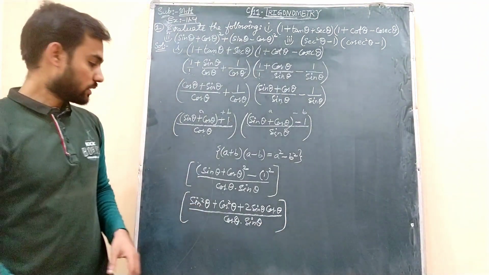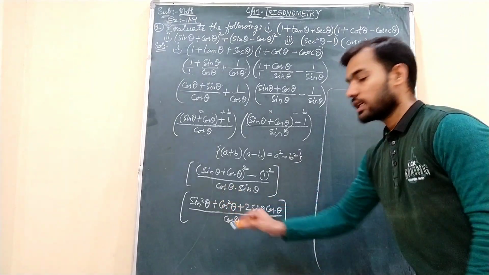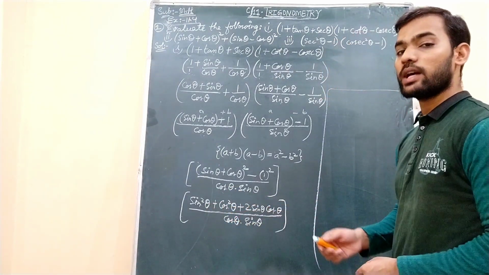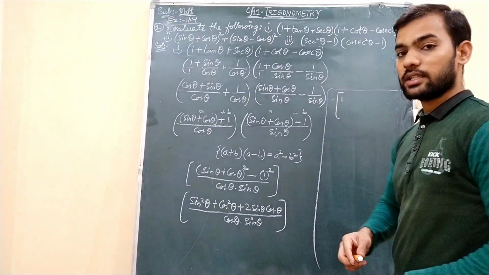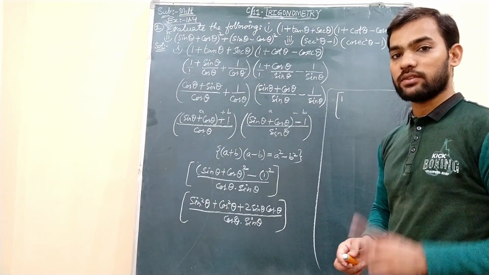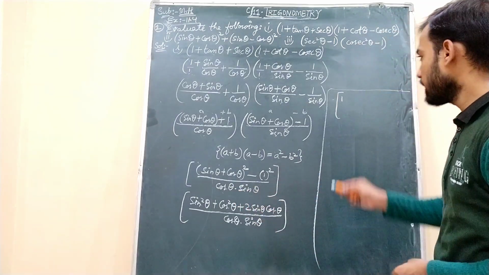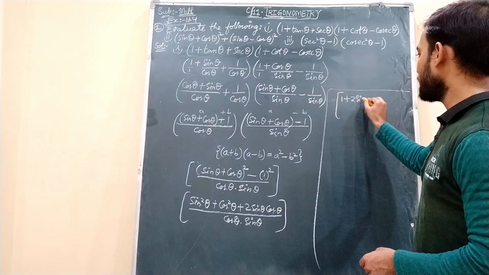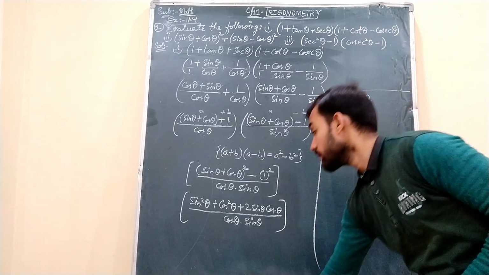Understand, students? Now, sin square theta plus cos square theta. We have learned already that sin square theta plus cos square theta is 1. In trigonometric identities we have seen, the first trigonometric identity says that sin square theta plus cos square theta is 1, plus 2 sin theta cos theta. Here minus 1 is also there.